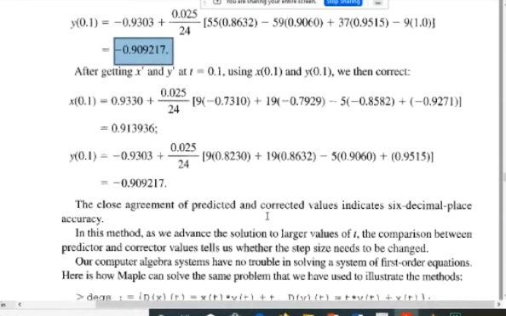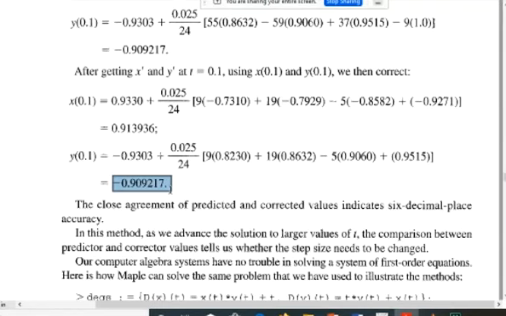This has a meaning for us: both the predicted and the corrected value are the same, which shows the accuracy until the 6th decimal, or 6 decimals of accuracy.